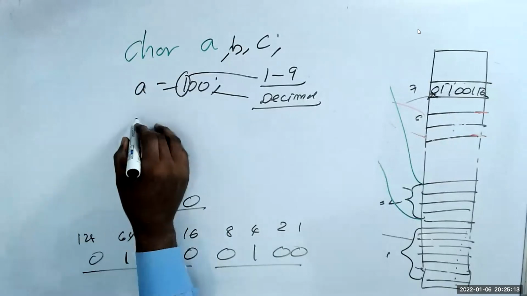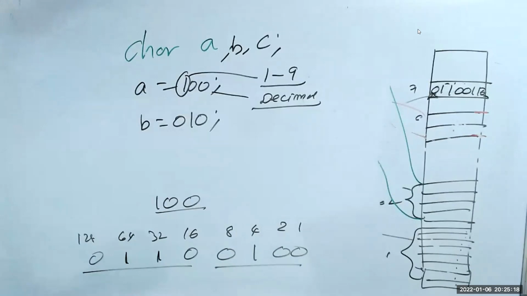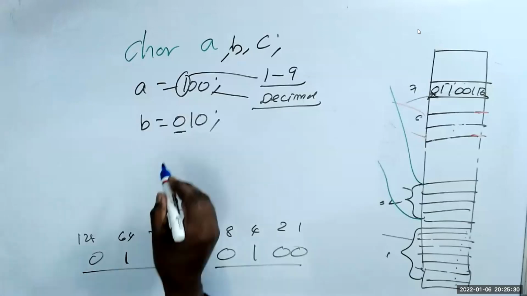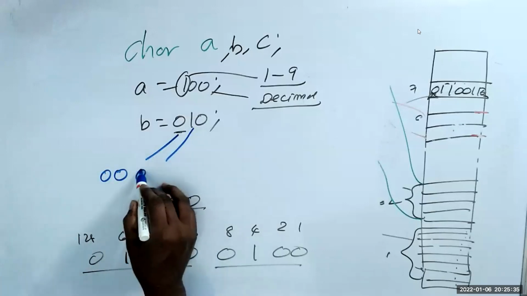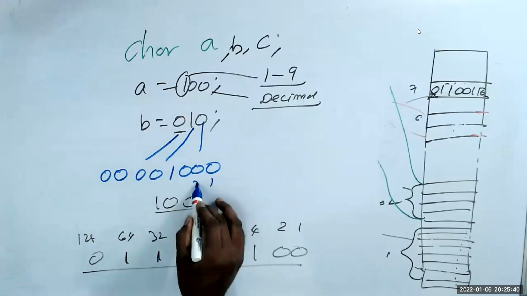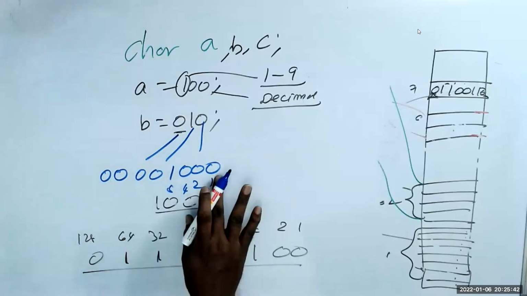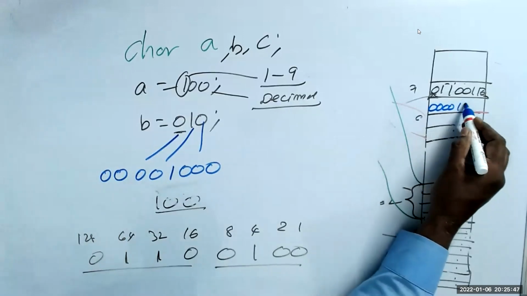Now, if I say B equal to 010, there's a problem. The compiler sees that it starts with 0. So what our man did was quite simple. 0 means 0, 0, 0. 1 means 0, 0, 1. 0 means 0, 0, 0. That is actually 1, 2, 4, 8, which is 8. So he stored in B 0, 0, 0, 0, 1, 0, 0, 0.